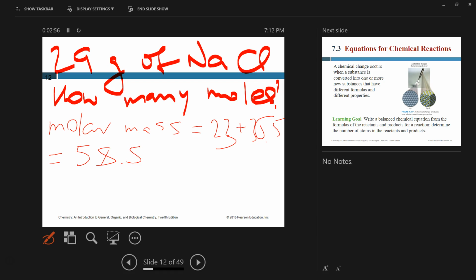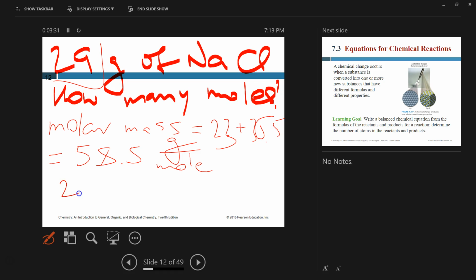58.5 grams per mole. What does that even mean? That's a simple question. 58.5 grams per mole. So 1 mole of sodium chloride weighs 58.5 grams. Now, what do you need to do to find out how many moles are in 29 grams?